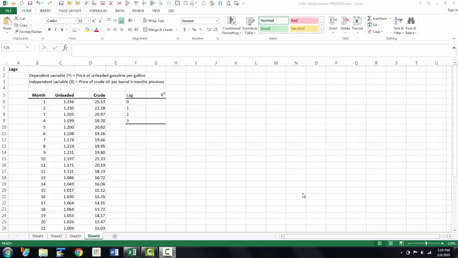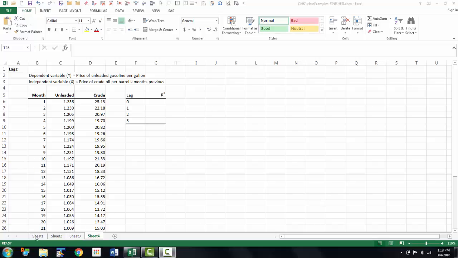There may be a lag between a change in the predictor variable X and the dependent variable Y. So in such a case, we want to figure out how many lags is appropriate. And one of the things that we can do to check that is the R squared.